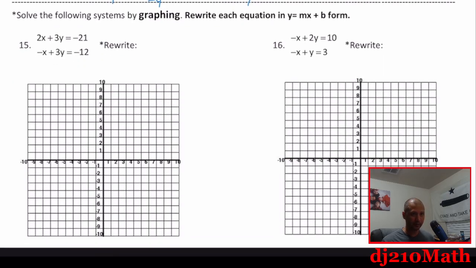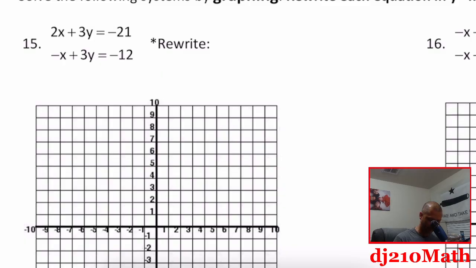Last two. We are going to rewrite these in y equals mx plus b form, graph, and then see the intersection. So minus 2x, minus 2x, we get 3y is equal to negative 2x minus 21, right? There's no way to combine those because one is x and one is not.